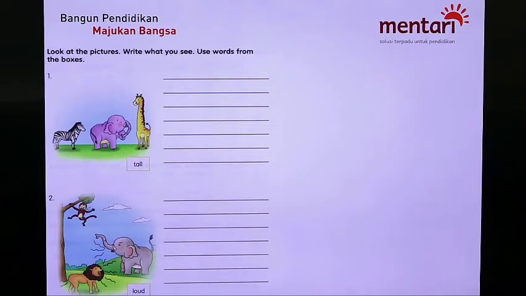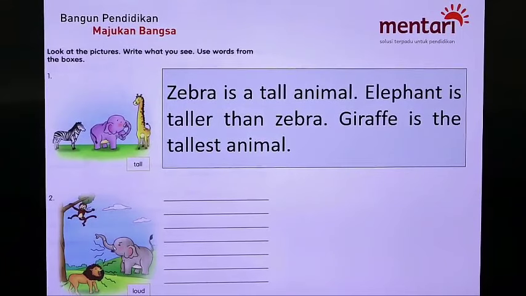Alright everyone, I think we need to discuss this because it's a little bit of a writing exercise. Now we can see there is a giraffe, an elephant, and a zebra for number one. If we want to make a comparison with the adjective tall, I would say zebra is a tall animal.